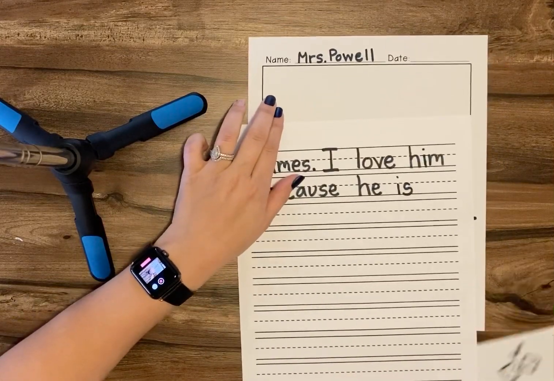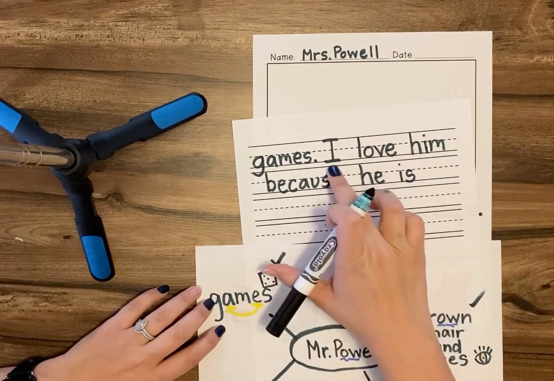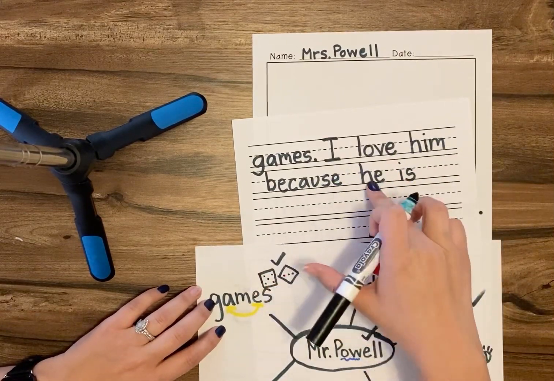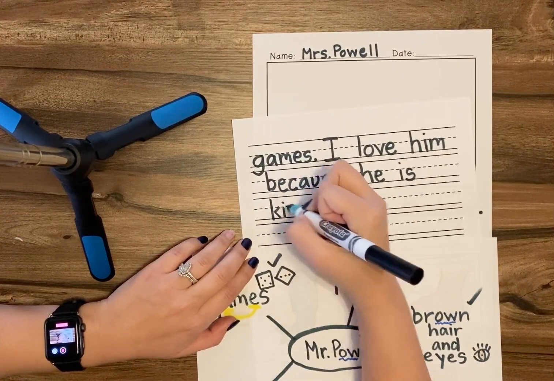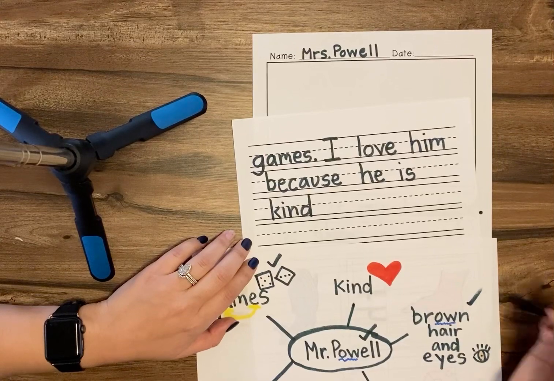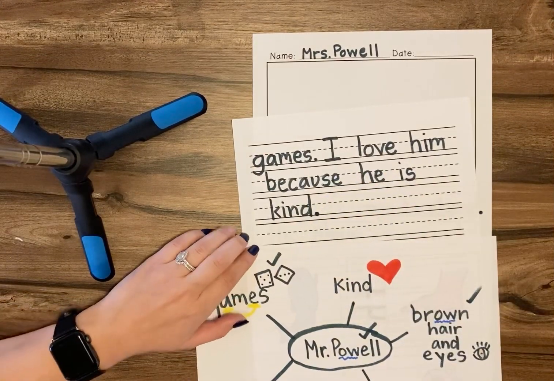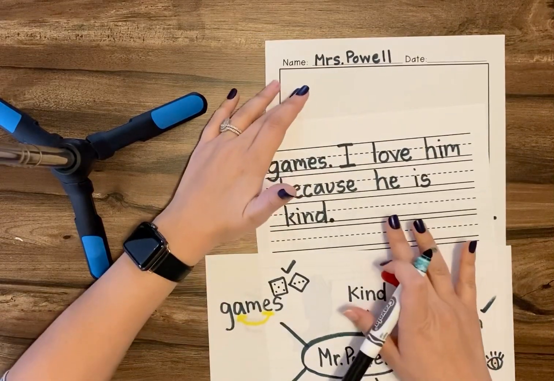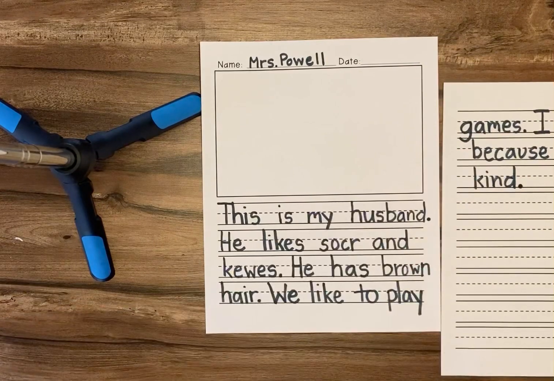And kind, I already sounded out. So I can use my chart and copy it down. I love him because he is kind. Kind. And what goes at the end of my sentence? Did you say period? I hope you remember. It's that little dot, and the fancy word for it is period. I love him because he is kind.